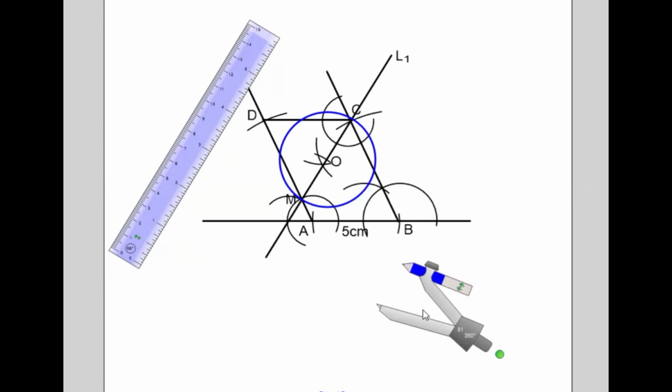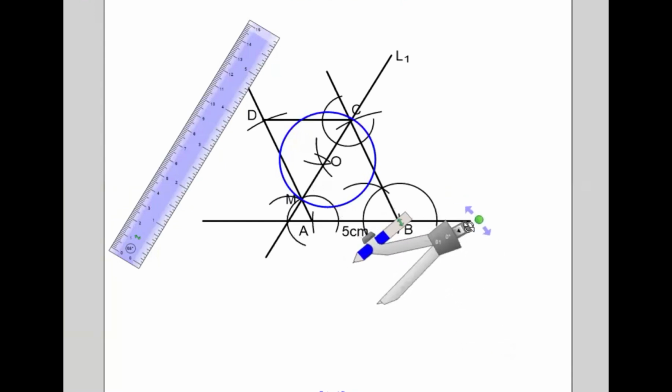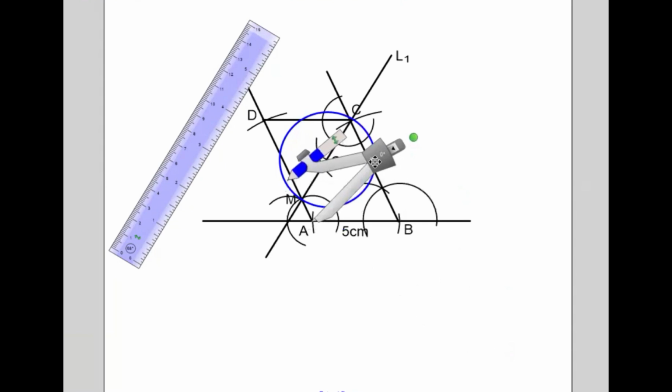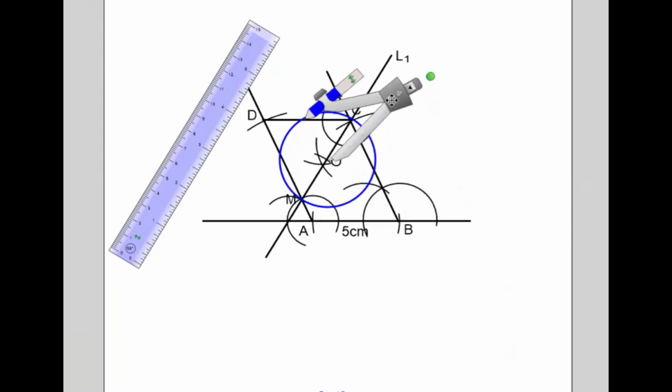If you want to use the compass, just bring your compass this way. Take it to O to D, we start here.